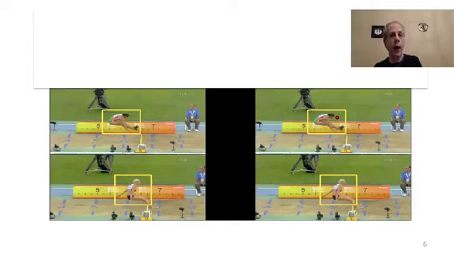Now I keep going, and then I encounter 1 second where I try to encode with the previous dictionaries, and I get a very bad encoding. Either I cannot reconstruct the video, or I need to use many atoms in the dictionary, meaning my encoding vector is very non-sparse. That means that that dictionary that was trained to encode a video with a given activity in a very sparse fashion is not working for this segment of the video.